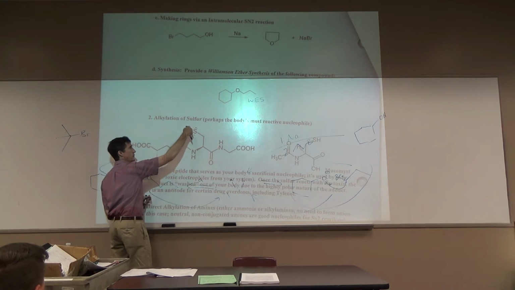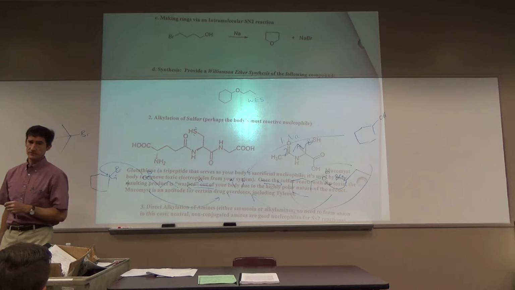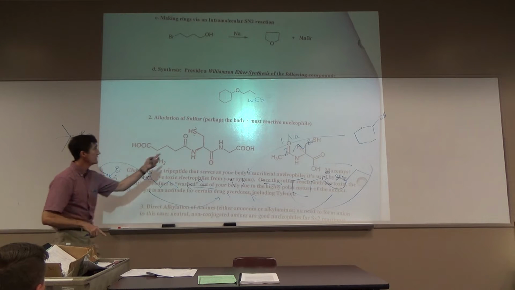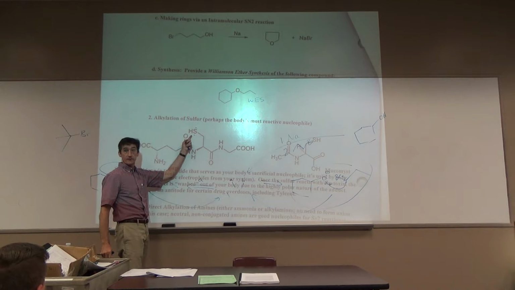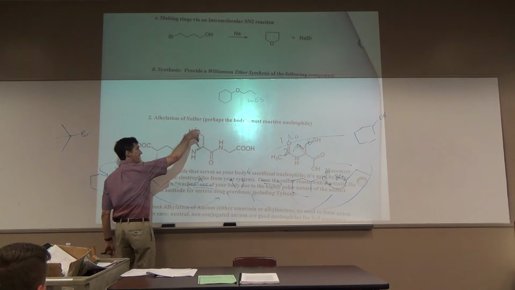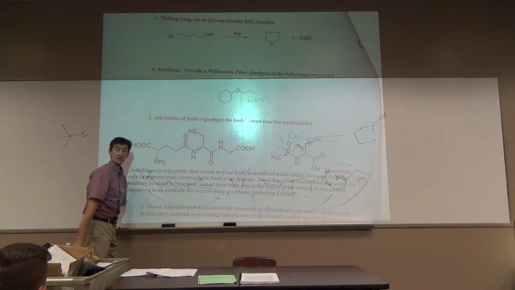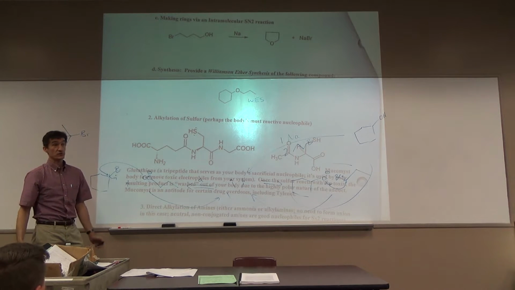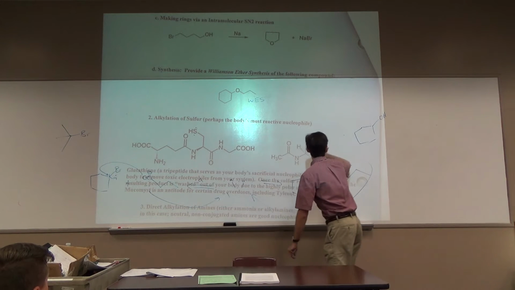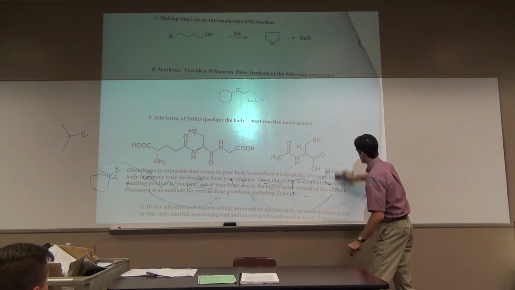Even in the neutral form, sulfur's a pretty good nucleophile, which kind of goes against our statement of strong nucleophiles. It's not an anion, it's not a nitrogen sp3, so I'm telling you it's sort of an exception. It's a decent nucleophile. And in certain cases, this can become S- in the body. And then it's certainly a good nucleophile. Your body uses that often as nucleophile.